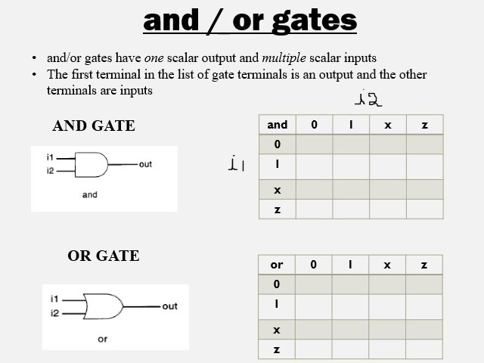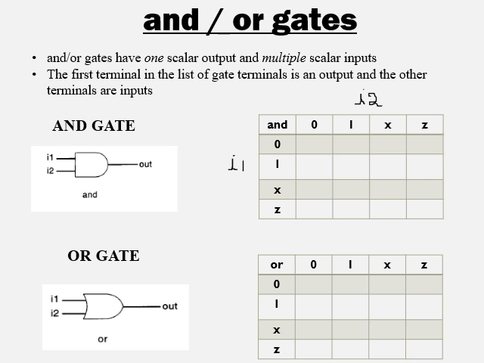So first, for the AND gate, for any gate there is one controlling input. For the AND gate, 0 is the controlling input, meaning if any one of the inputs is 0, what is the output of the AND gate? It is 0 irrespective of what the other input value is.